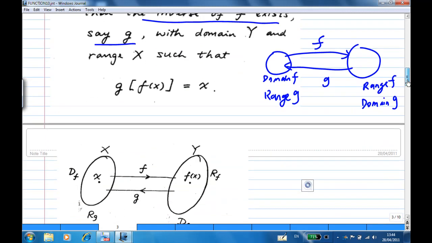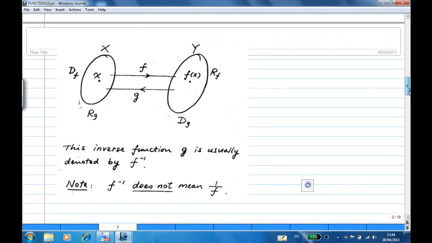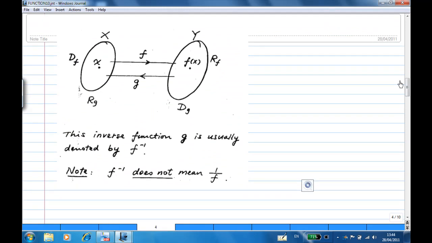So in other words, the domain of f is the same as the range of g, and the range of f is the same as the domain of g. Usually we use the symbol f power minus 1 to denote the inverse of f. Note that this is just a functional notation. F power minus 1 doesn't mean 1 over f in this case.